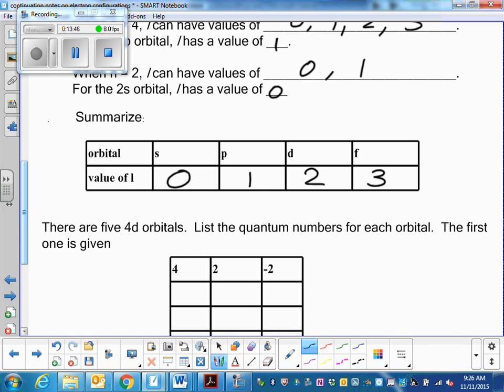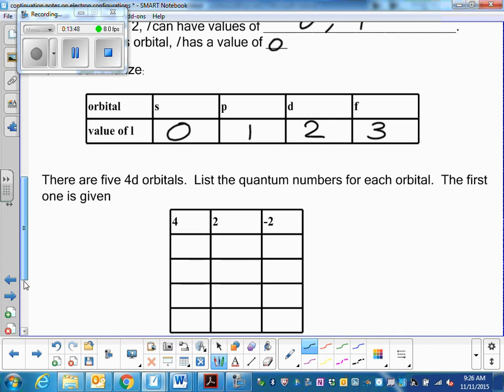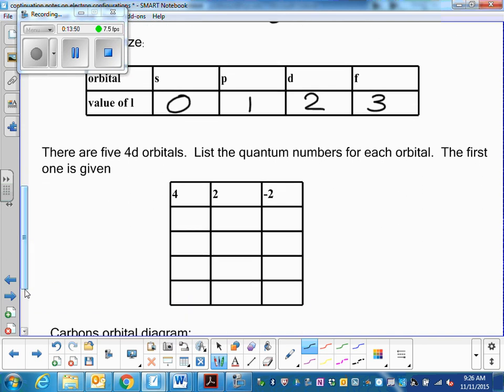Now, in a d orbital, there can be 5 different electrons. Let's list. If there are 5 electrons in a d orbital, this is 4d: 1, 2, 3, 4, 5.